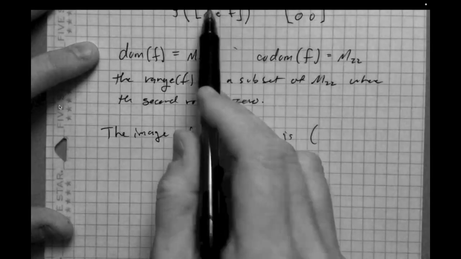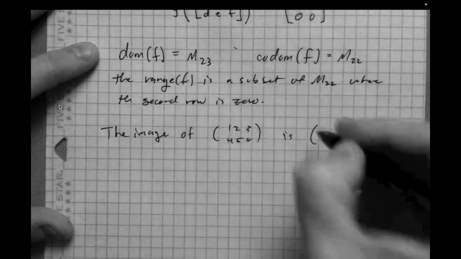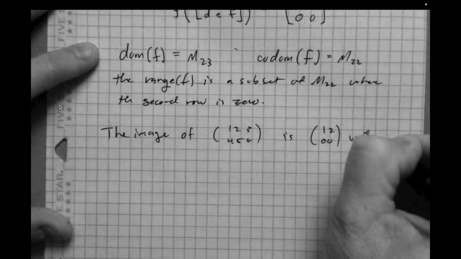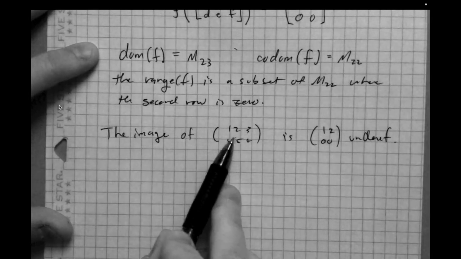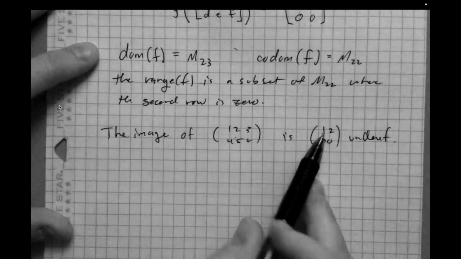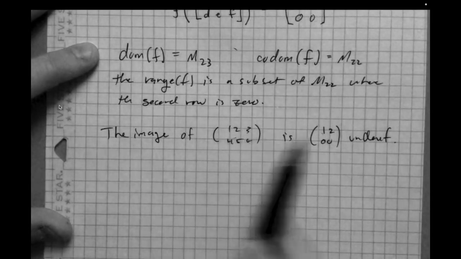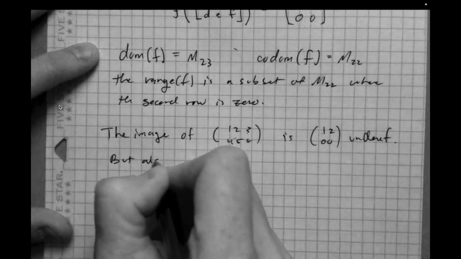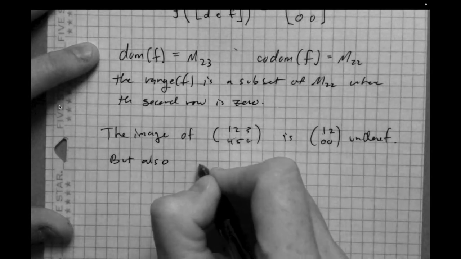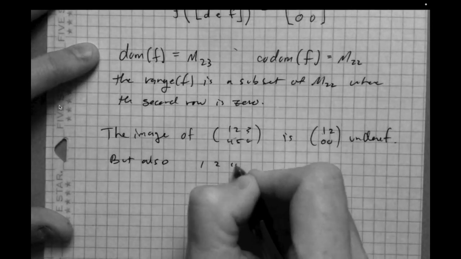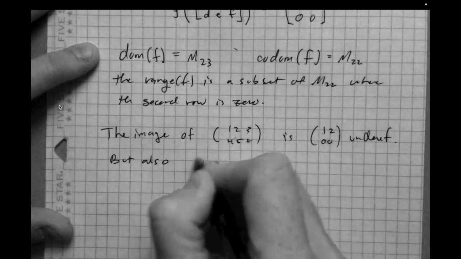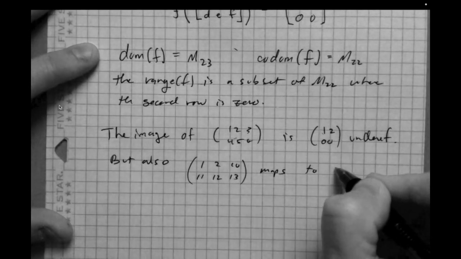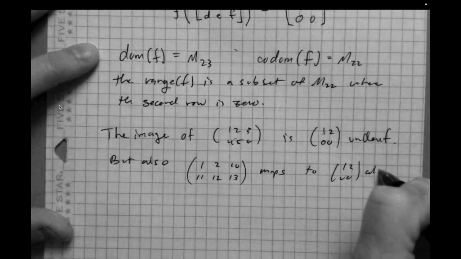Basically A and B are the only things that get mapped over, so it's 1, 2, 0, 0 under F. When I apply F to this matrix, I get this one. But there are infinitely many matrices that will map to this. Also, 1, 2, 10, 11, 12, 13 maps to 1, 2, 0, 0 also.